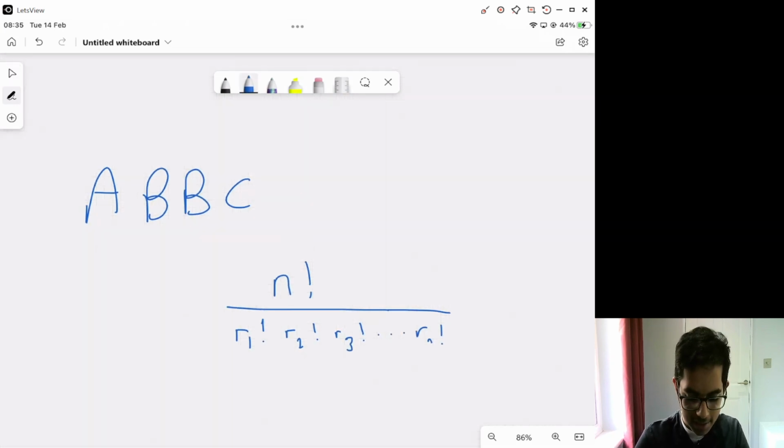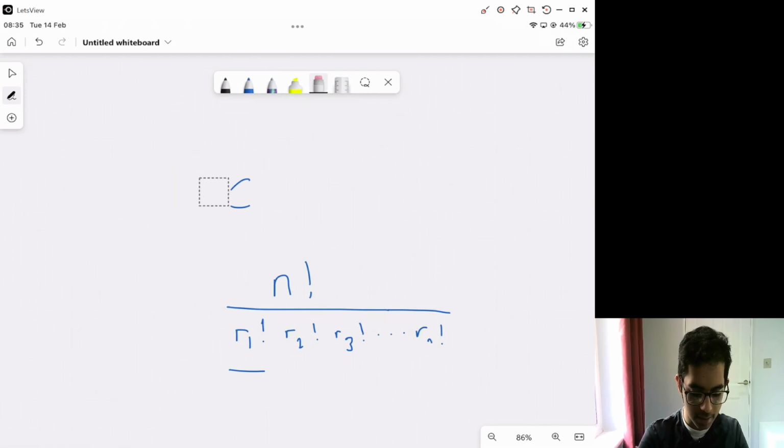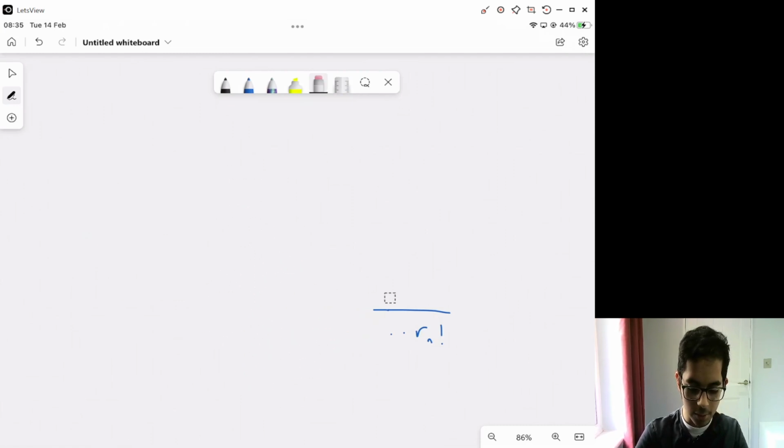This is pretty much all possible characters. R1 is, let's say, A. Actually, just for clarity, I'll write RA factorial, or RB factorial, etc., since we know that all the characters can only be A, B, C, or D.